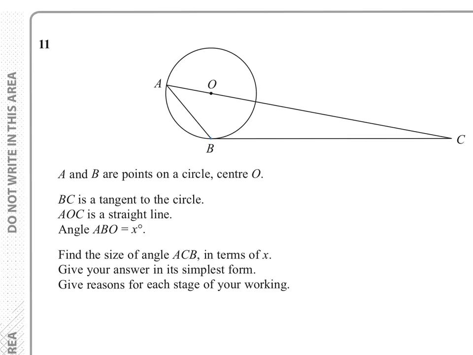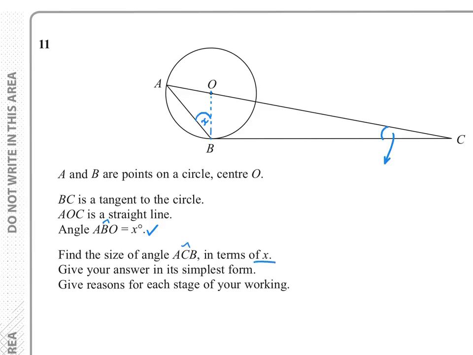So that's the first thing we've got to look at here, is that ABO is x. So we've looked at that and we've put that in our diagram. It says find the size of angle ACB. Well, ACB is going to be this angle here, and that's what we want to end up with. Give your answer in its simplest form.